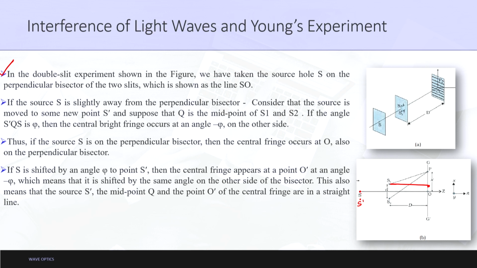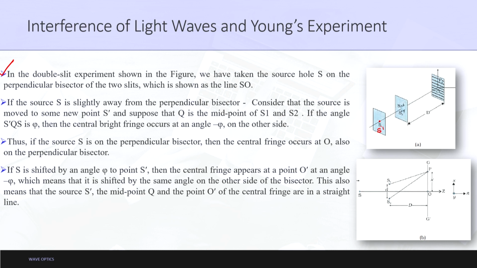The angle S dash QS. What is the point Q? Q is this point. If this angle is phi, then because there was a change in the downward direction for the source, the central fringe shifts by phi in the above direction. This is the explanation being given here, quite evident also. I will try to explain from this diagram also. Let us say this is S, and this is S dash.